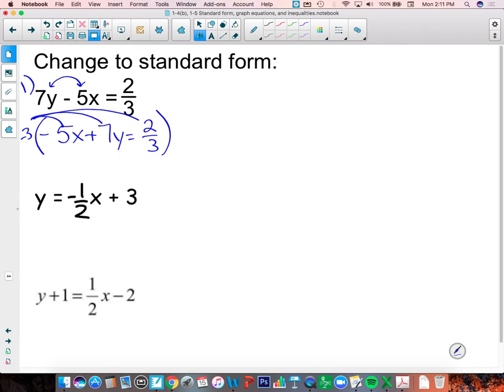Remember, if I'm distributing that in, I'll write it out at each one. So we have -3 times -5x plus -3 times 7y equals -3 times 2/3.